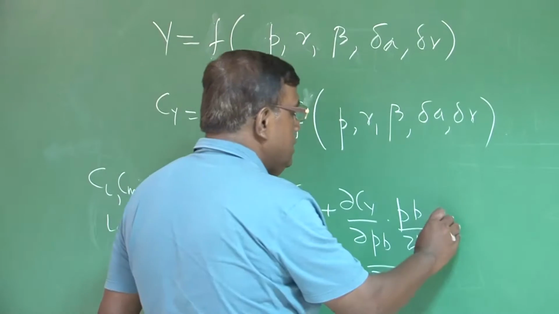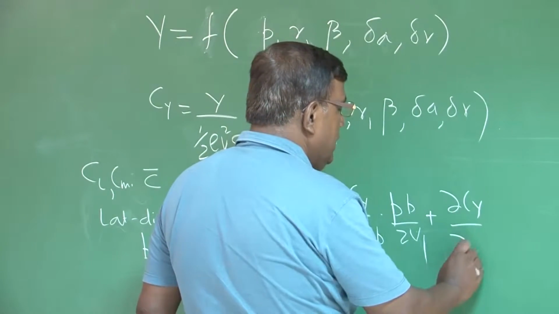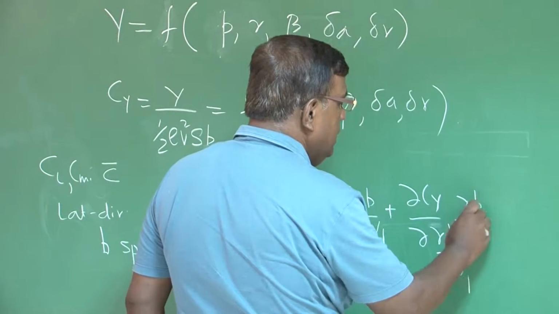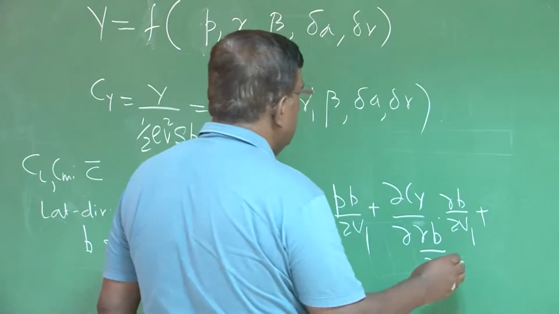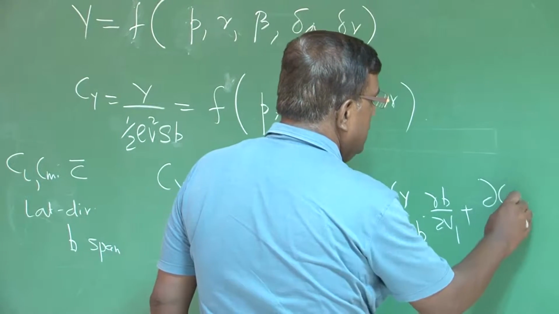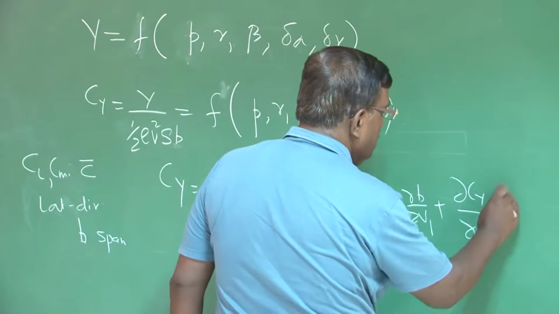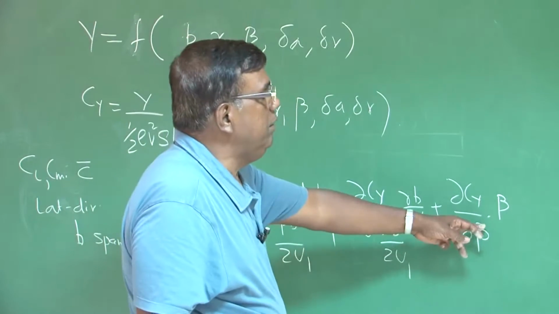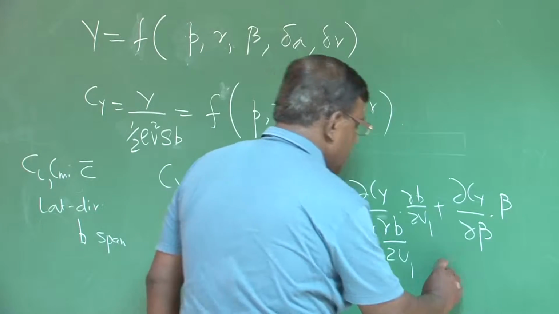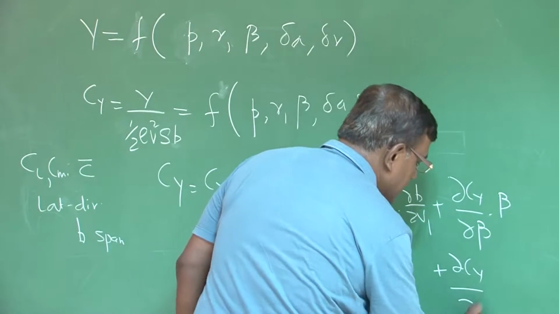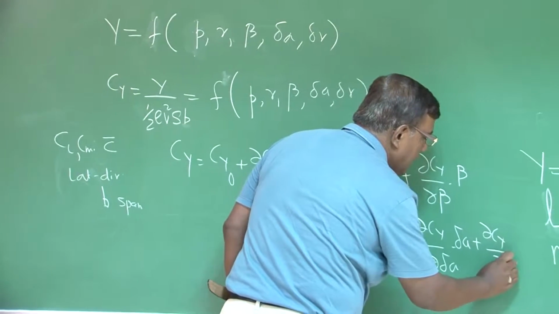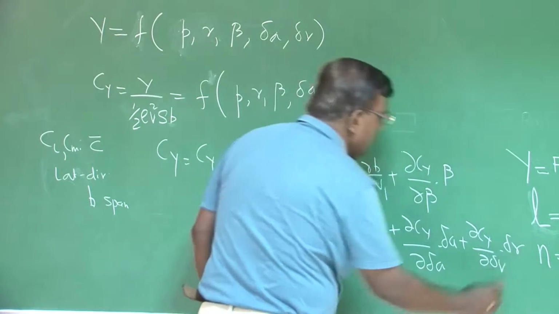Plus dCy by d(Rb by 2u1) into Rb by 2u1, since r is also a rate, plus dCy by d beta into beta. There is no need to multiply it by b and divide by 2u1, because beta itself is dimensionless. Similarly, dCy by d delta a into delta a plus dCy by d delta r into delta r.